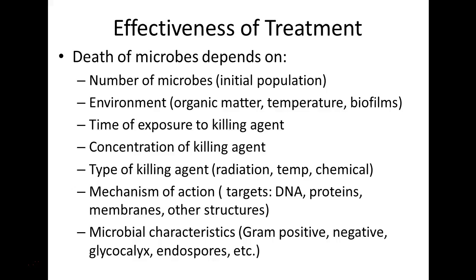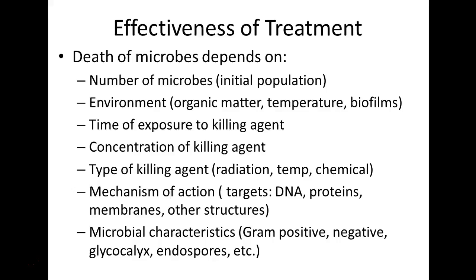Likewise, the environment. If there's a biofilm, microbes in a biofilm are harder to kill. So the environment, the temperature, the organic matter, etc., definitely matters to getting microbes to die. The time, again, the longer you expose a microbe to a lethal agent, the greater percentage of the microbes in your population will die.